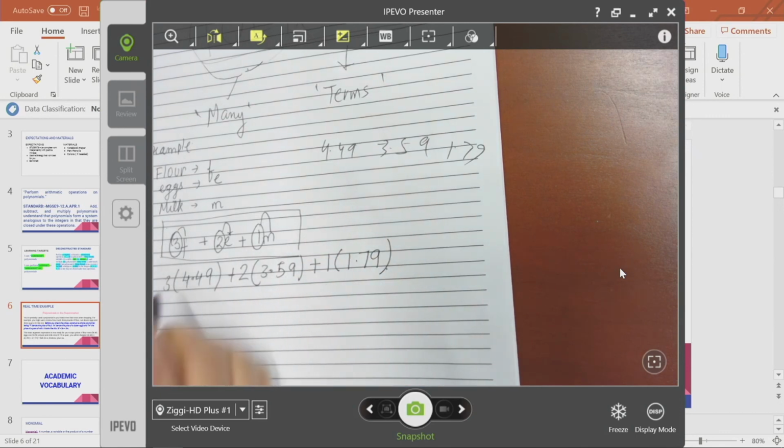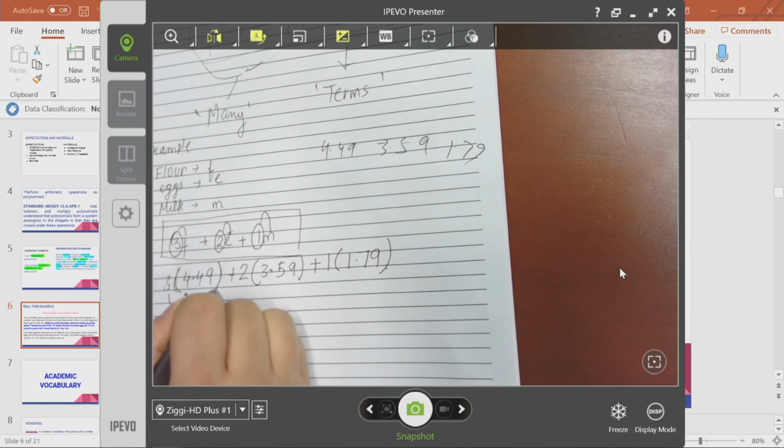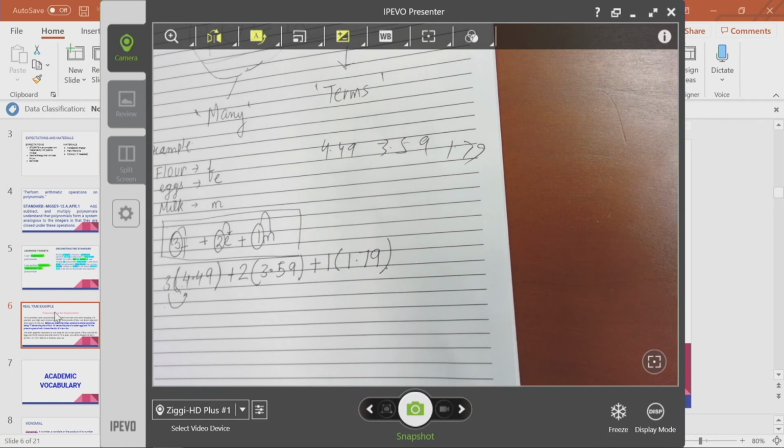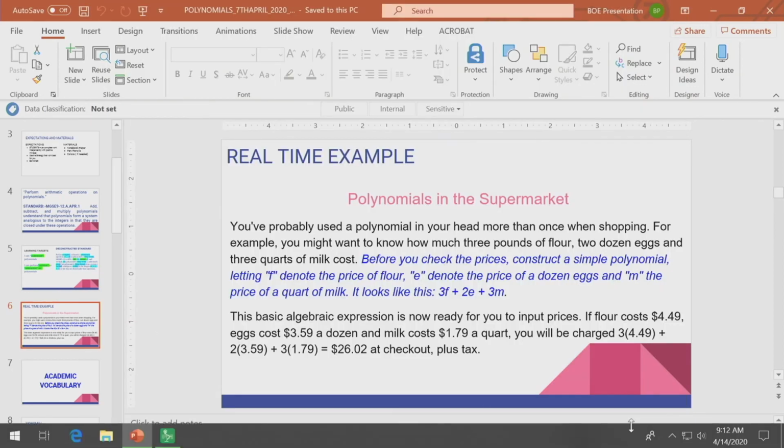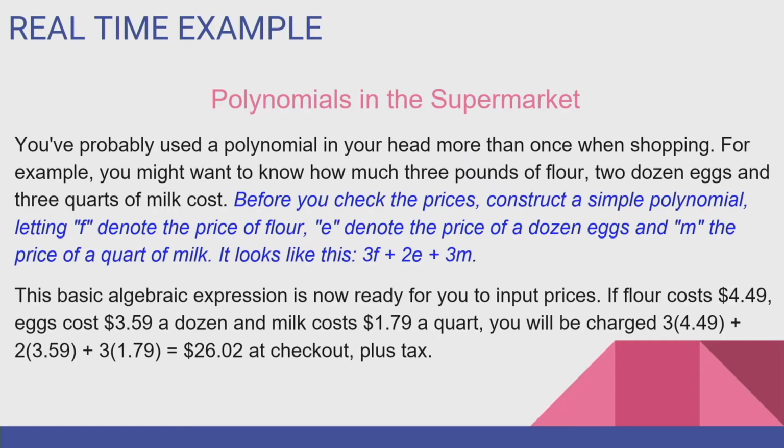In this step, we solve by multiplying the number enclosed in parentheses with the number outside. This is just an introduction of how polynomials work. Plus, you will have a tax. When you solve it, it will be $26.02 at checkout. So this is just a basic real-life example of how you can use polynomials in a supermarket.